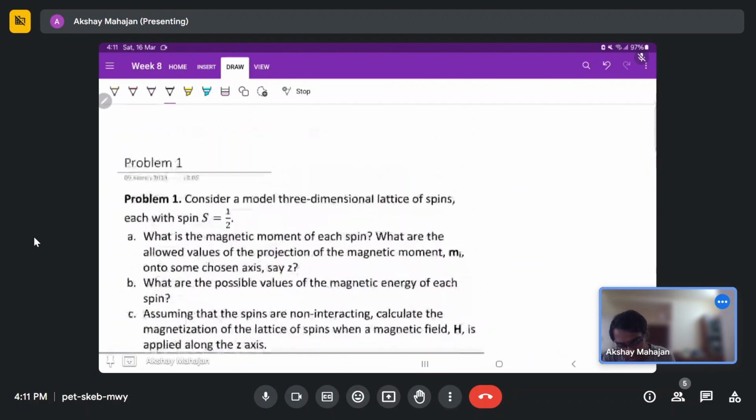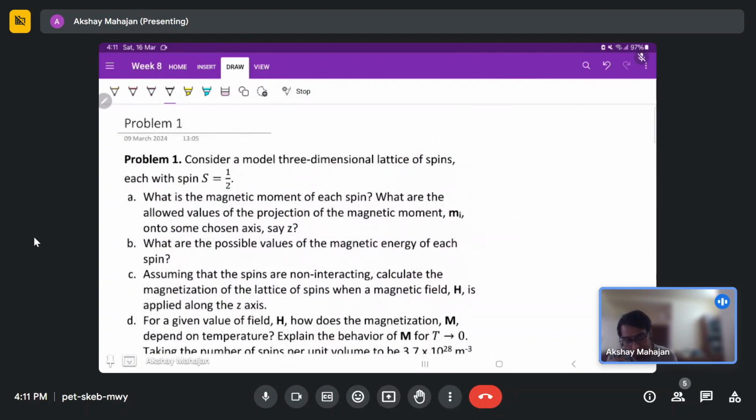Then the B part. What are the possible values of the magnetic energy of each spin? So now it is asking what are the possible values of the magnetic energy of each spin.